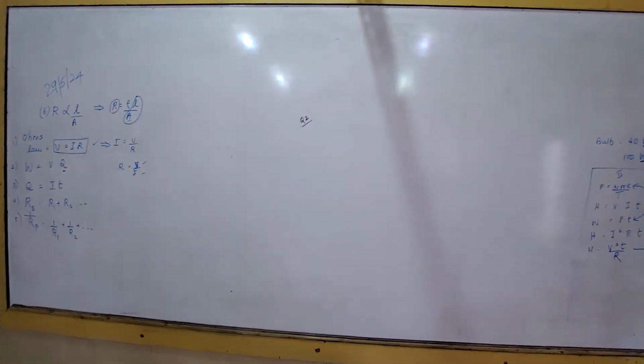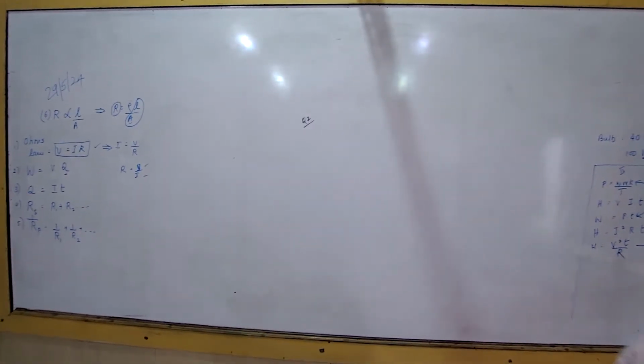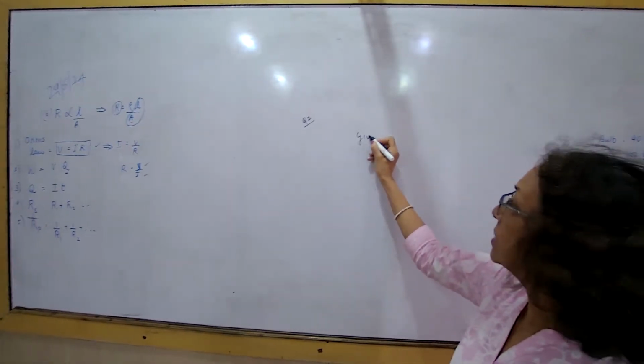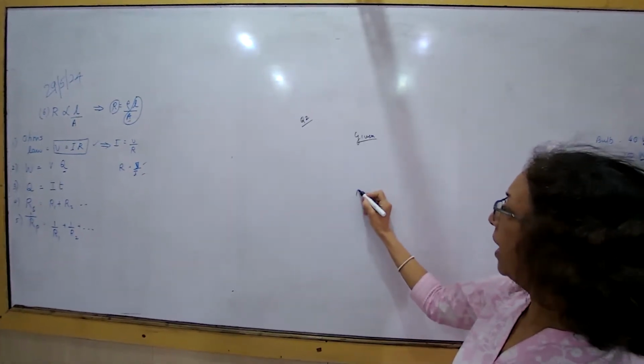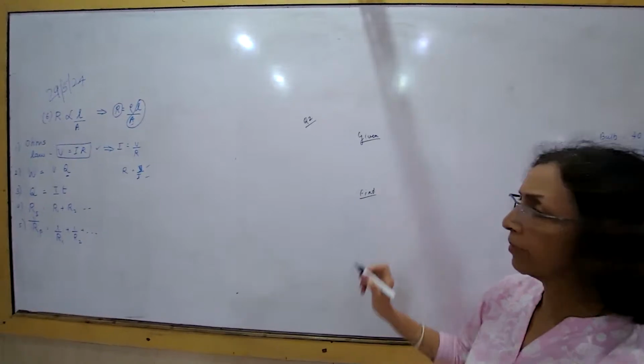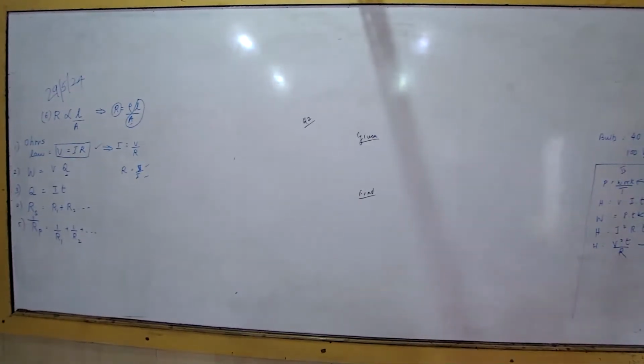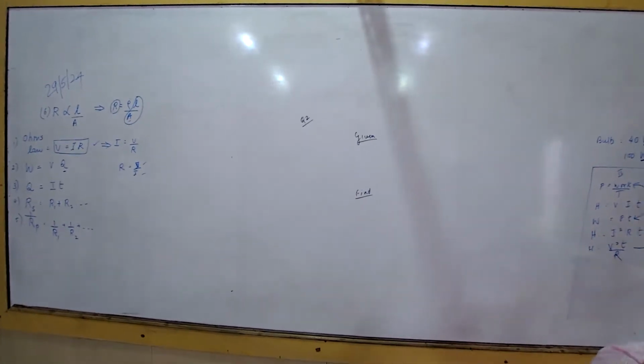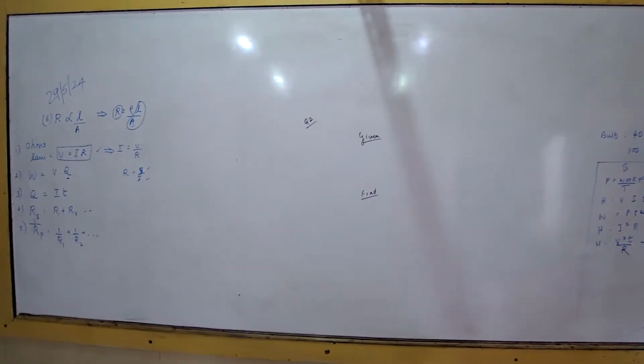What are they asking? Compute the heat generated. So what is given to us? What we have to find. Write down all the things, whatever is given. I'm going to ask you.